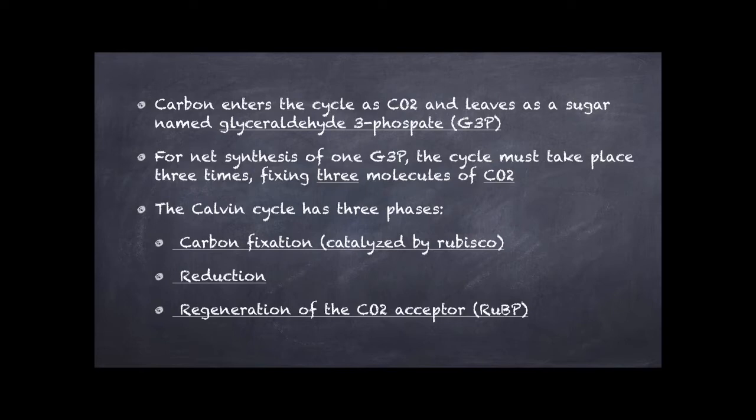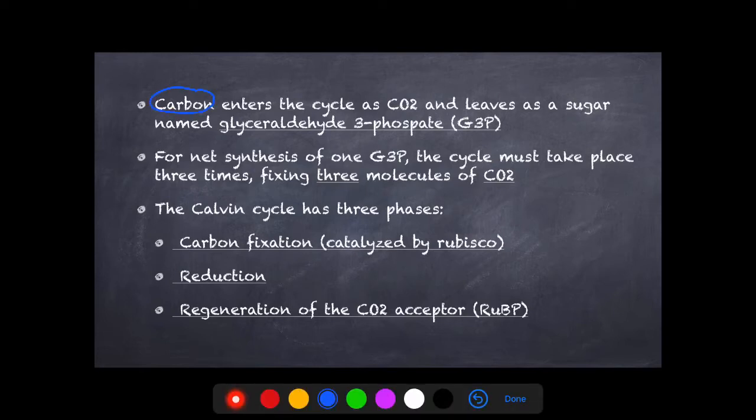Okay, so what exactly happens when we are talking about the Calvin cycle? Carbon enters the Calvin cycle as carbon dioxide, and it leaves as sugar. The specific name of the sugar that it leaves is G3P, also known as glyceraldehyde 3-phosphate.